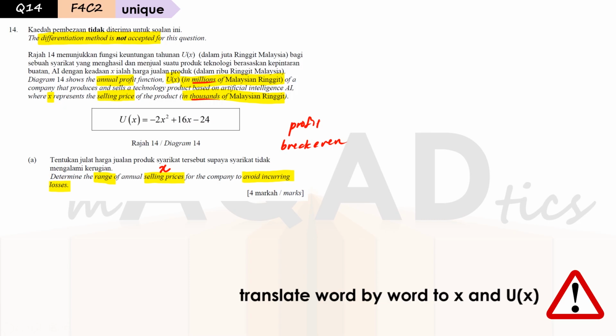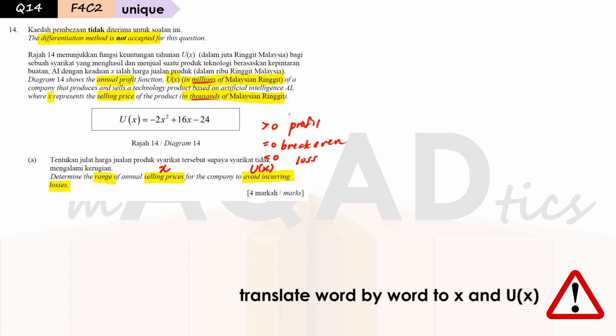Since this one involves the profit, which is u of x, this value cannot be less than 0, right? Because less than 0 would be loss. Loss is less than 0, break even is equal to 0, profit is greater than 0.